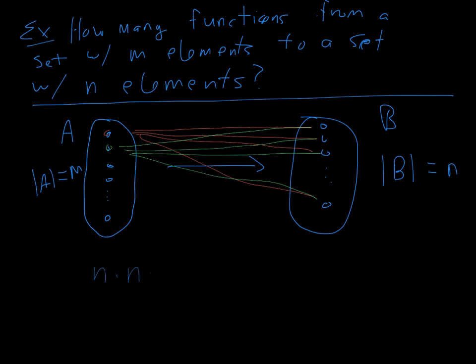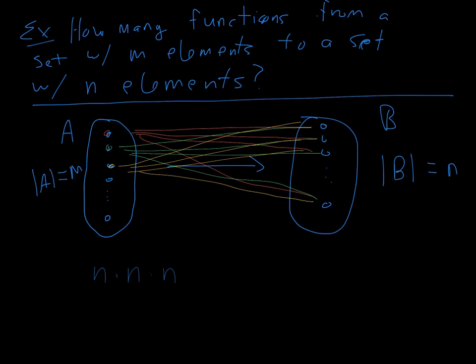So maybe you've noticed the pattern here. Let's do it one more time though. This third element can get sent to the first guy, the second guy, the third guy, down to the nth guy. So there are n different choices for that one.